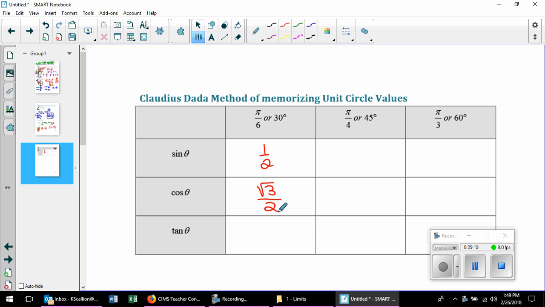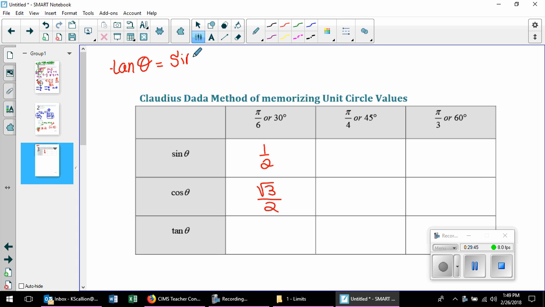Okay? What would tan be? Tan is opposite over adjacent, so that would be y over x, which would be sine over cos.